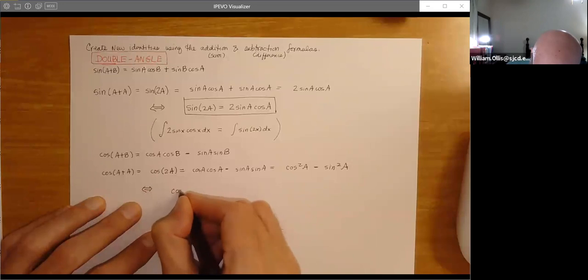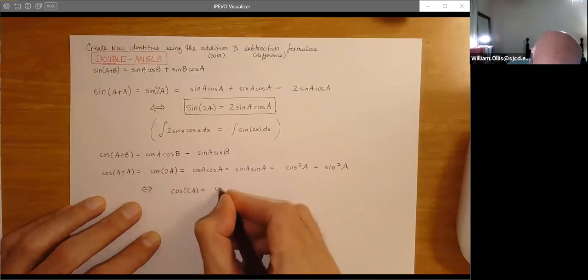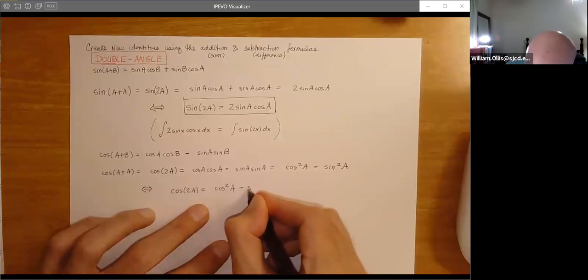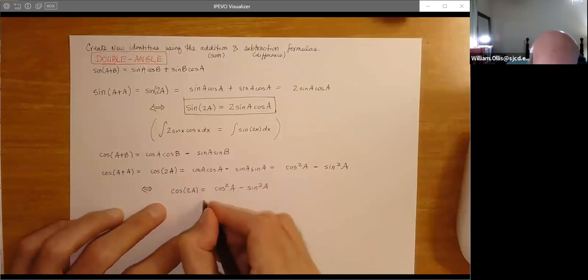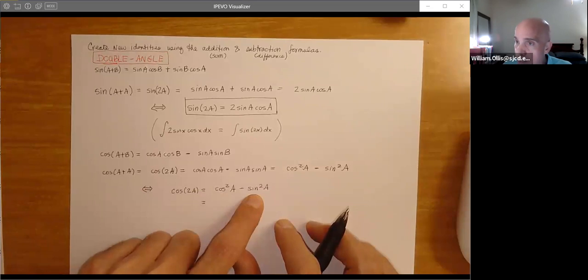We're going to say cosine of the double angle can be written as the difference of two squares, cosine squared A minus sine squared A. Now here's the trick. If we replace cosine squared with 1 minus sine squared, that's going to give us a 1 here and 2 copies of the sine.